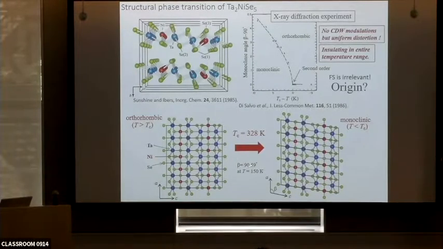The change in the monoclinic angle is very small, so this picture is very much exaggerated. And there is no incommensurate modulation, but a uniform lattice distortion. It is insulating over the entire temperature range, so the phonon seems to be relevant. And our issue is what is the origin of this structural phase transition.